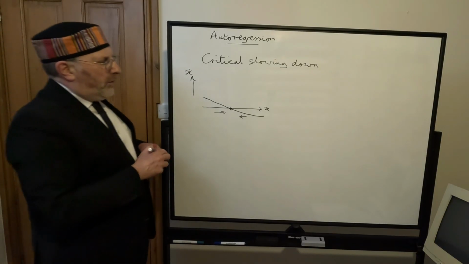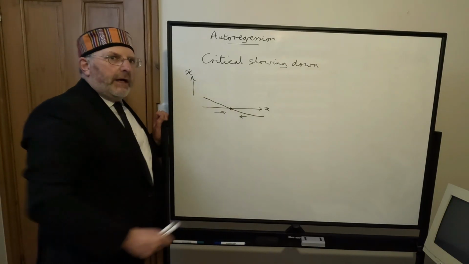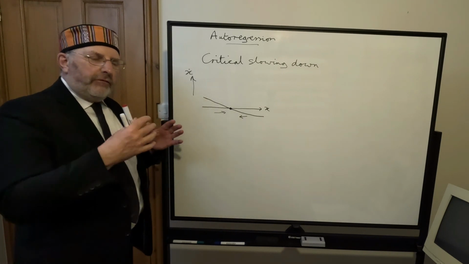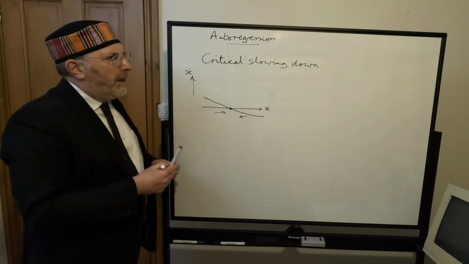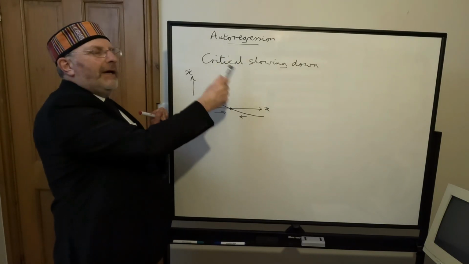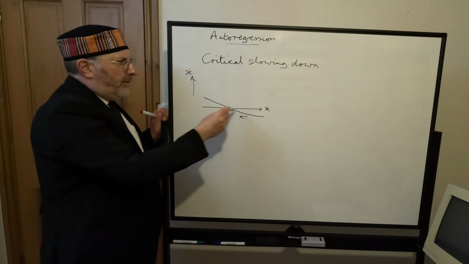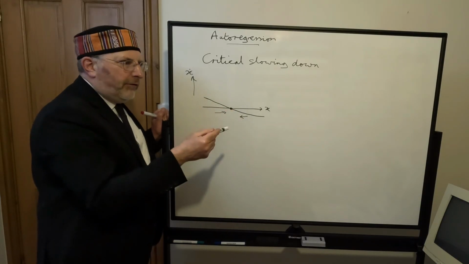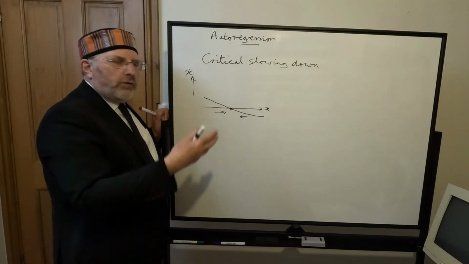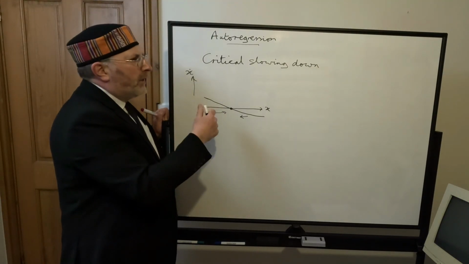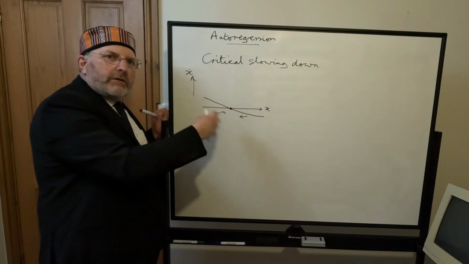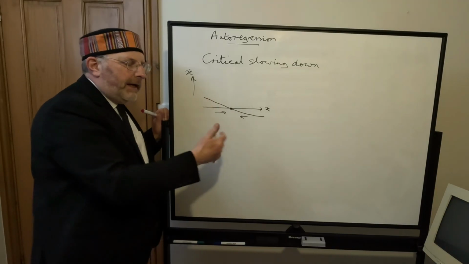And if that is the case, it means that if we plot the behavior of the system over time, we will find an increase in autocorrelation. So if you've got data points of where the system is, whatever it is that we're measuring, real wages or wars or area of the empire, we'll find that it returns to some equilibrium very slowly.